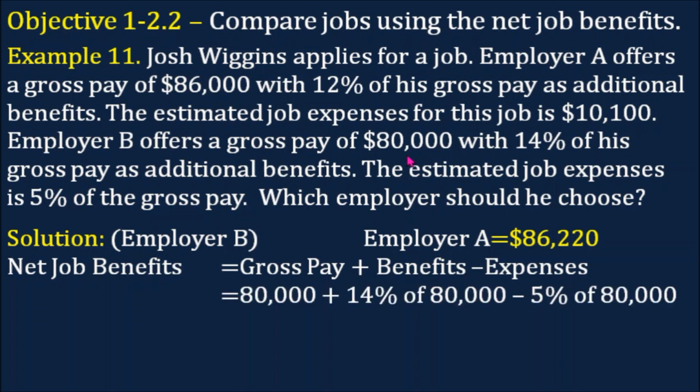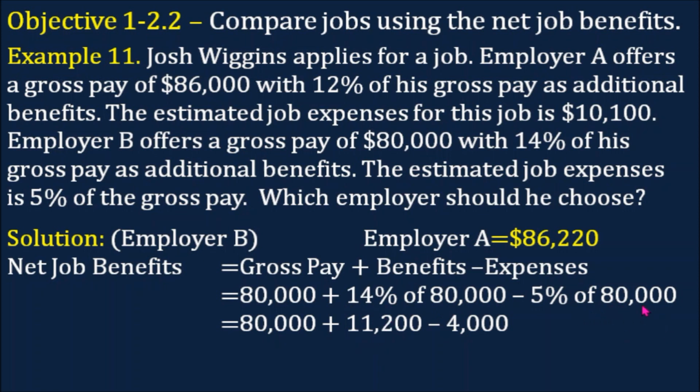For the gross pay, it's $80,000. For the benefits, it's 14% of $80,000 minus the expenses, which is 5% of $80,000. So 14% of 80,000 is 11,200. How did we get that? So we are going to multiply 80,000 times 0.14.